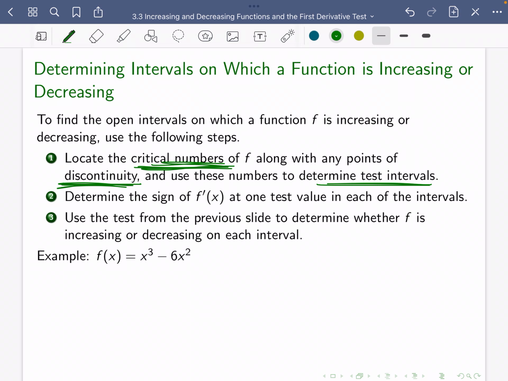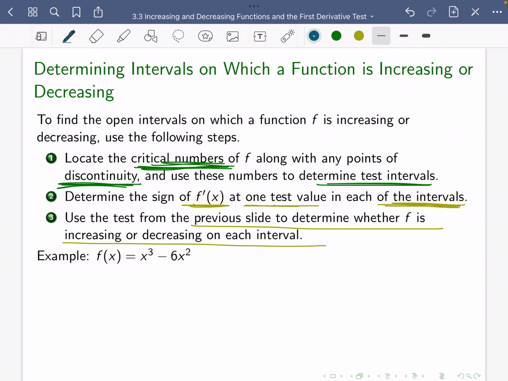Then we want to determine the sign of the derivative for a test value in each of the intervals. And then we will use our test from the previous slide to determine whether f is increasing or decreasing. If our derivative is positive, then it's increasing. If our derivative is negative, it's decreasing.